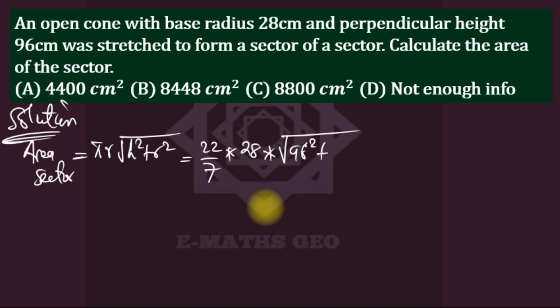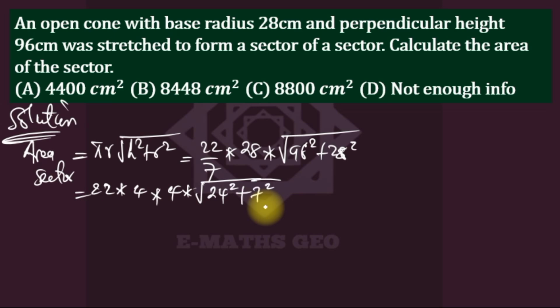That's 96 squared plus 28 squared, and this is 22 times 4 times, I have a perfect square which is 4. So square root of 4 squared is 4, times we are left with 24 squared plus 7 squared, because 4 times 24 is 96 and 4 times 7 is 28.